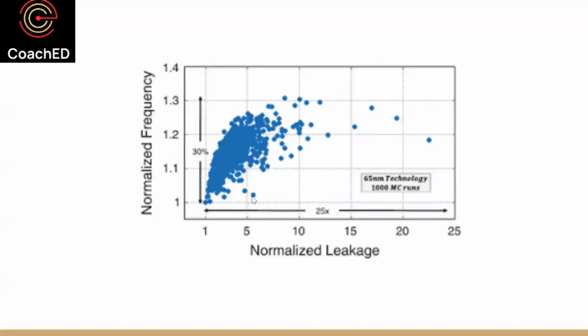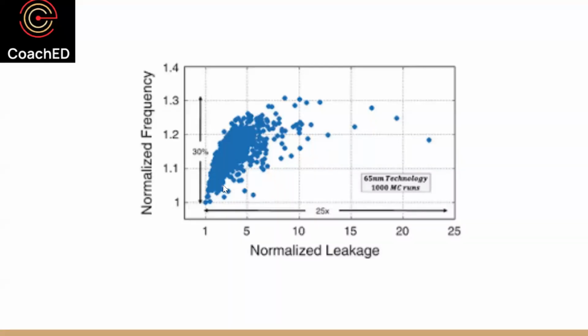This is another example. This is from a 65 nanometer and older technology, somewhere from the early 2000s to the mid 2000s. This shows how the frequency of various chips varies, where each dot represents a silicon chip, let's say a CPU.